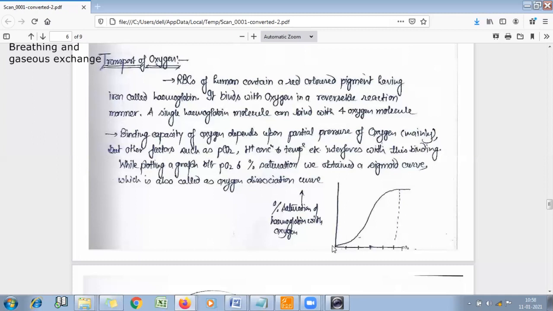It means finally the binding of hemoglobin with oxygen shows a sigmoid curve structure, which is regulated by four factors. First is partial pressure of oxygen, second is partial pressure of carbon dioxide, third is hydrogen ion concentration, and fourth is temperature.